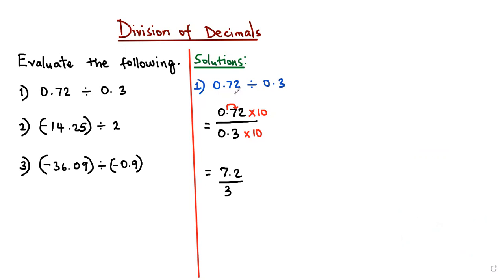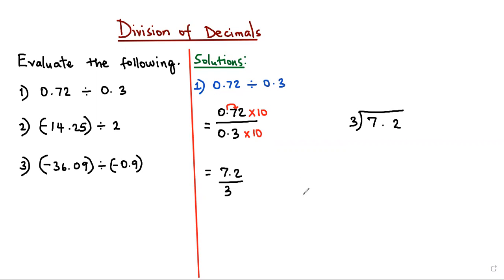So since now we have got 7.2 divided by 3, we are going to use the long division method. So we have 3 and we have 7.2.